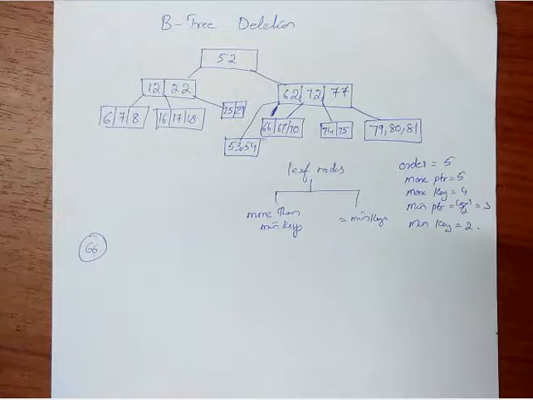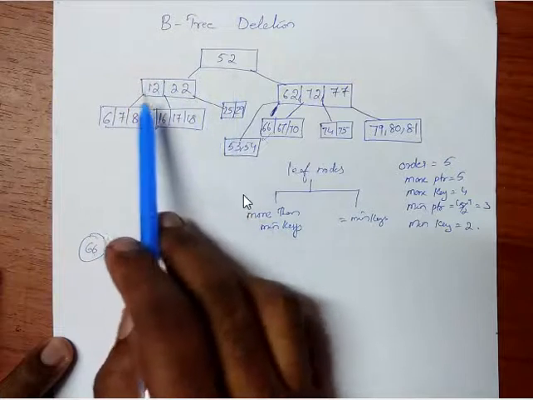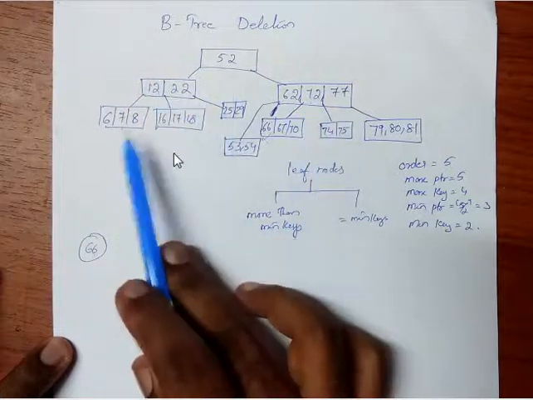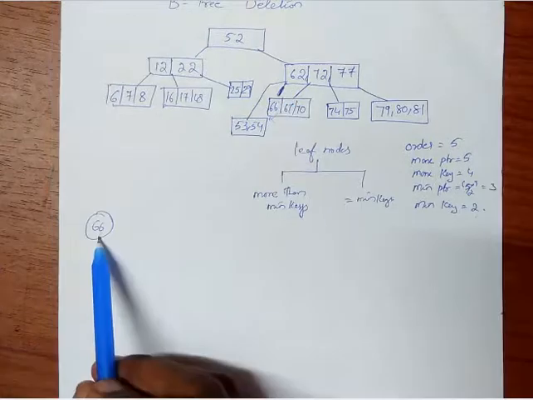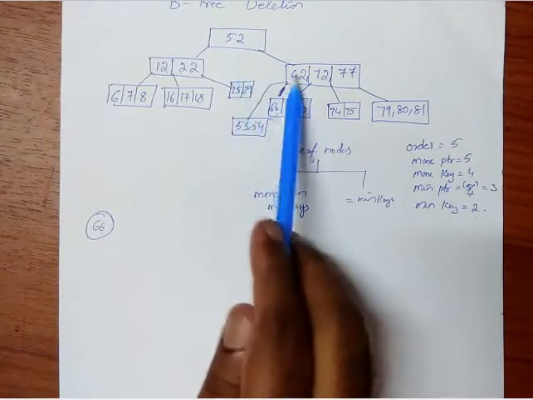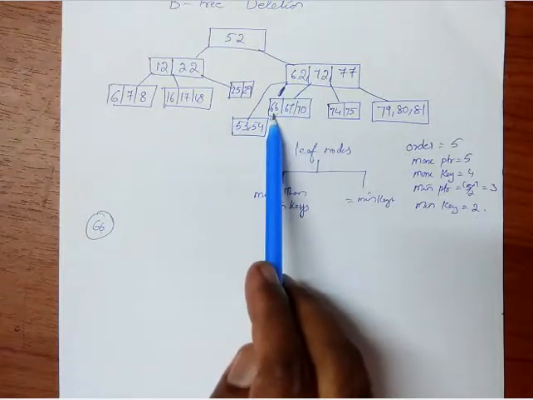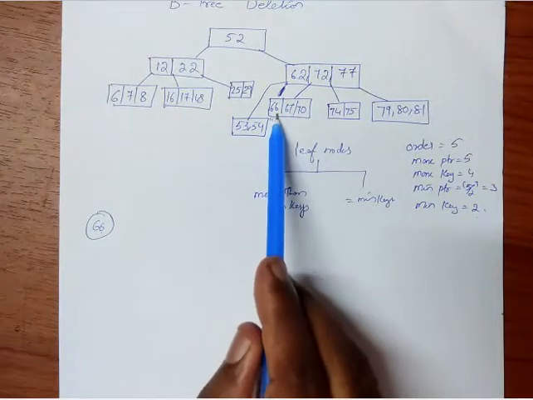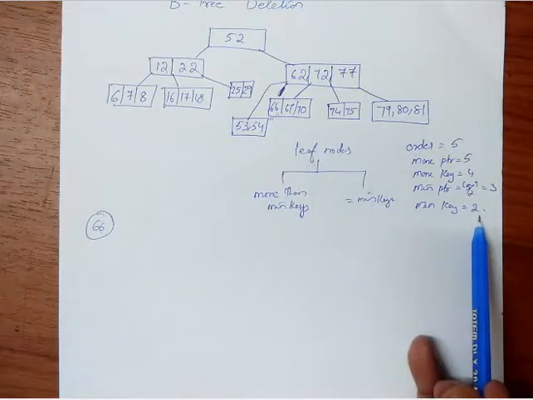So we can start. Firstly, we can remove the value 66. The value 66 should be searched from the root 52, 62, and between 62 and 72. So we move there and find 66. Here we can see the number of data values in the node is equal to 3, and the minimum key value is equal to 2.